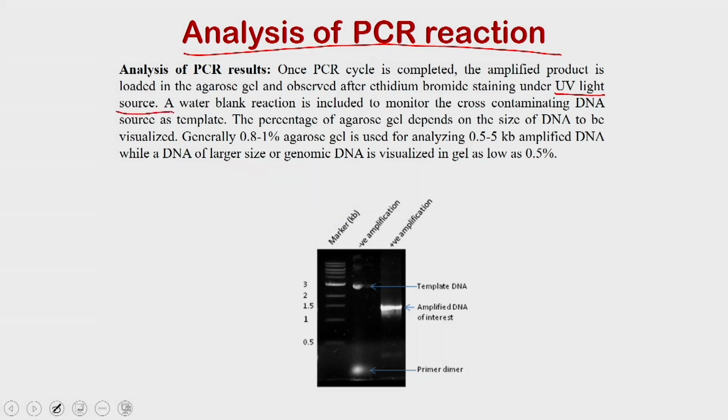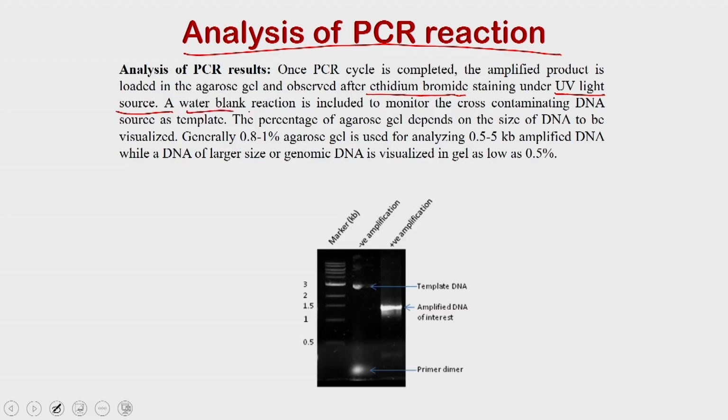The gel contains the dye called ethidium bromide, which intercalates into the DNA, and that is how it gives an orange color fluorescence.